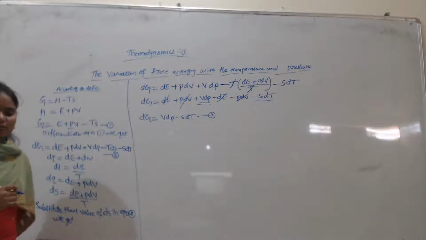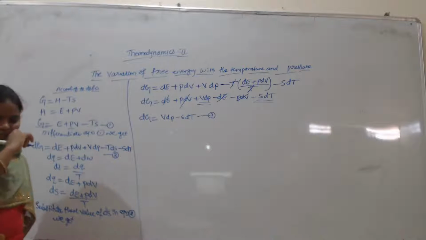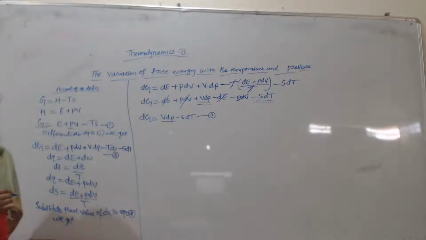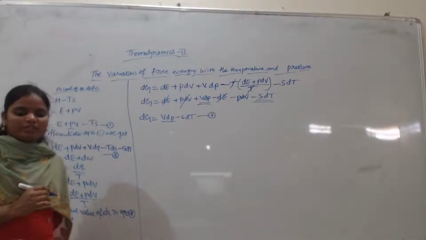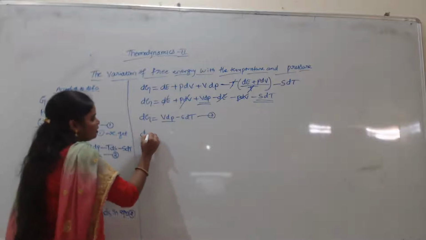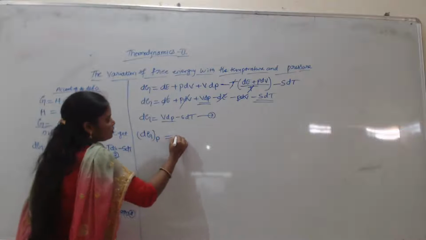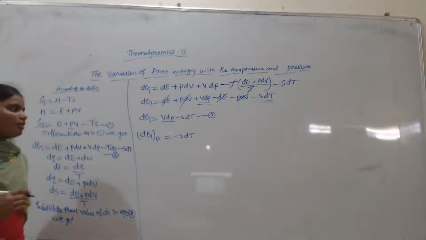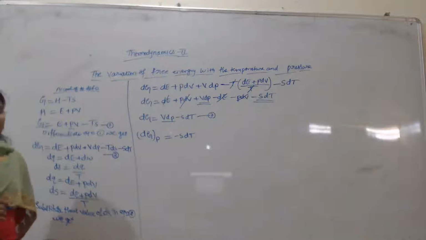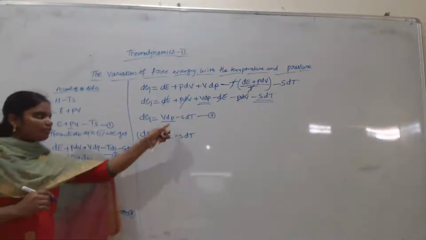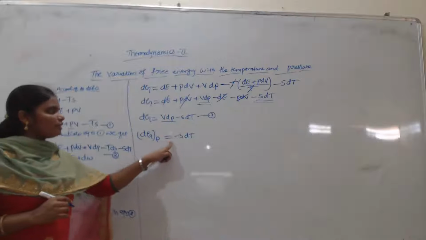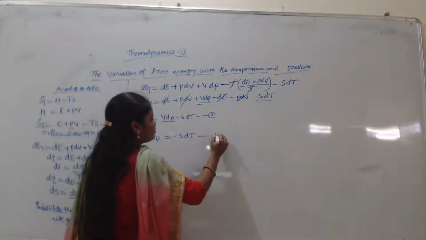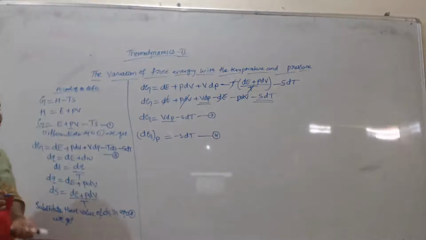In this equation, when the pressure remains constant, dG at constant pressure is equal to minus S dT. This is equation number 4.